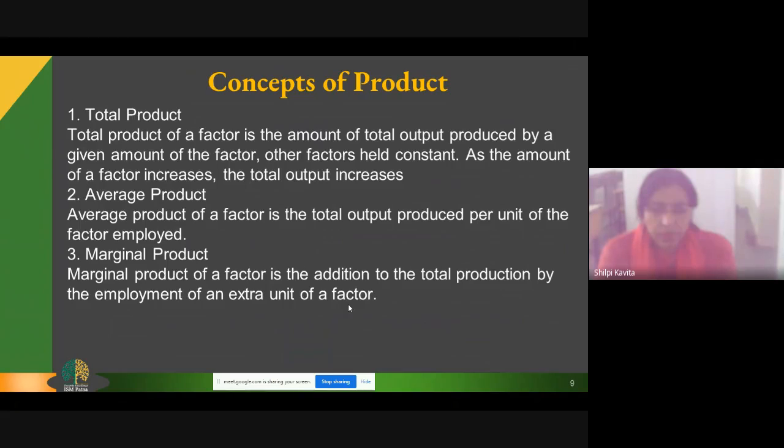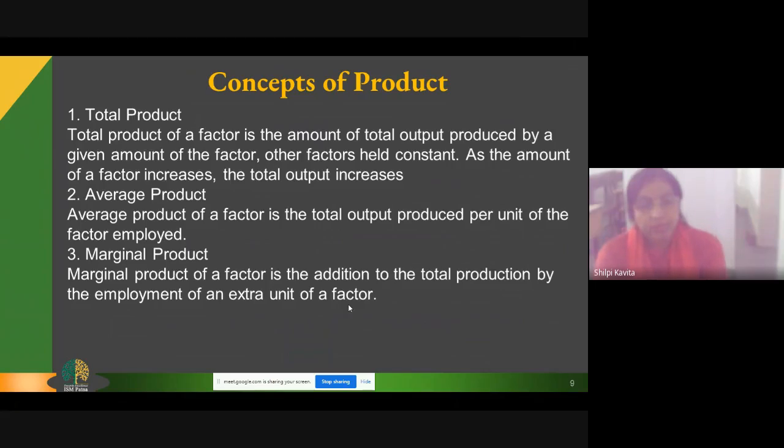Total product is the amount of total output produced by a given amount of the factors, other factors held constant, because we keep the fixed factors constant. So if 10 laborers are applied in a chair making industry and the 10 laborers produce 100 chairs, then the total product is 100 chairs.